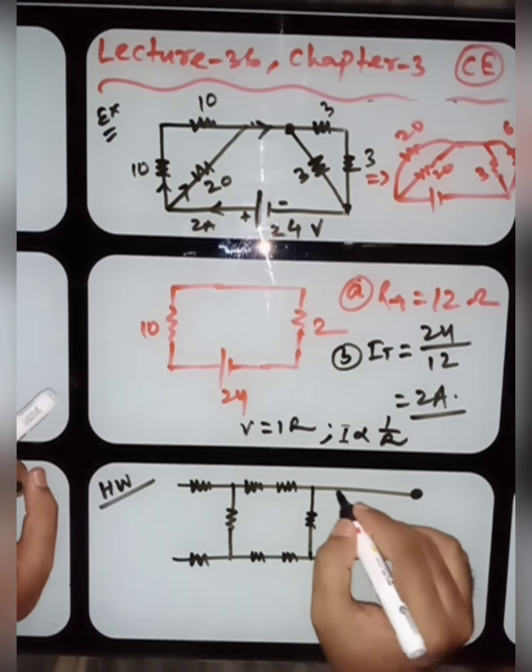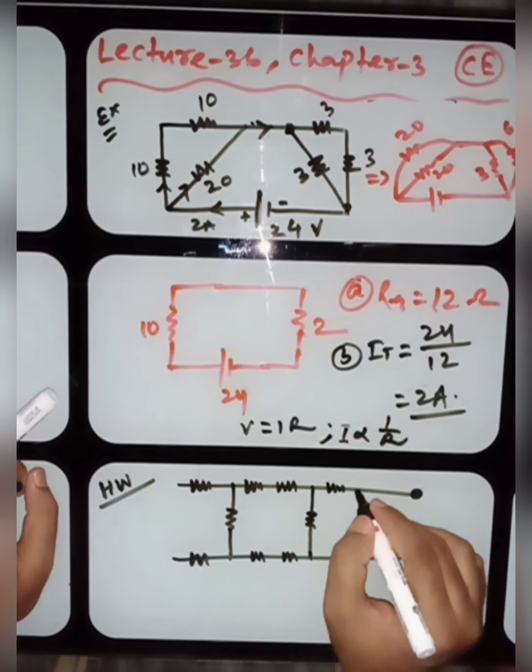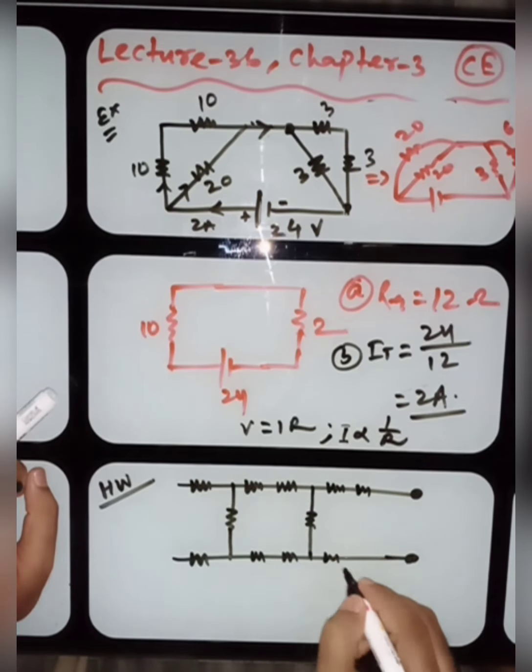You know the resistance, the 2 resistor, let me make a few more resistors, and here the stop. The circuit starts from here and stops here. Remember, it is not going to infinity.